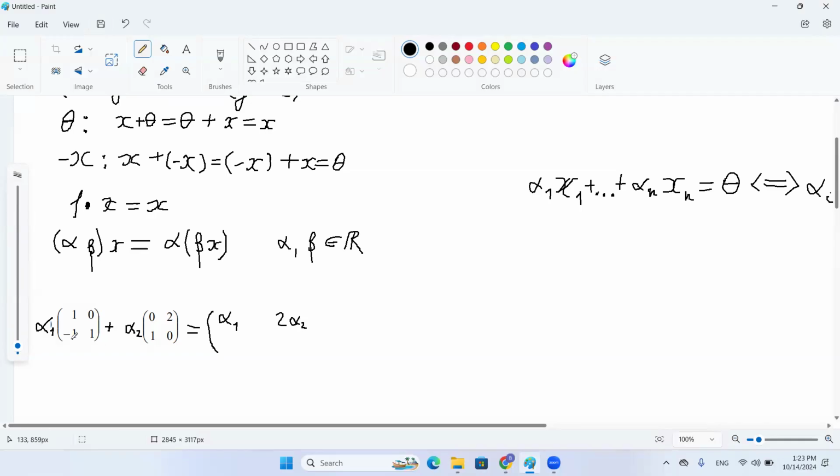Then minus 1 alpha 1 plus alpha 2. Yeah, I will move it a little bit. And here alpha 1 only. And then we set it equal to the zero matrix, capital theta.